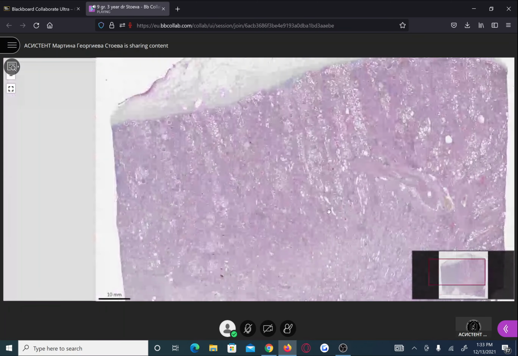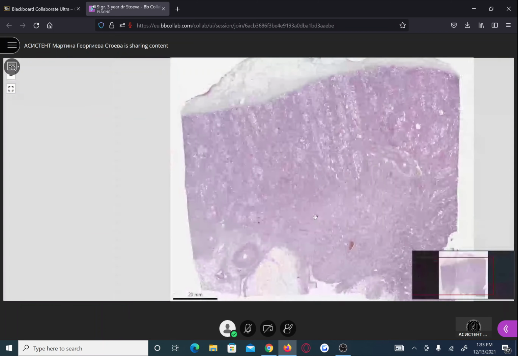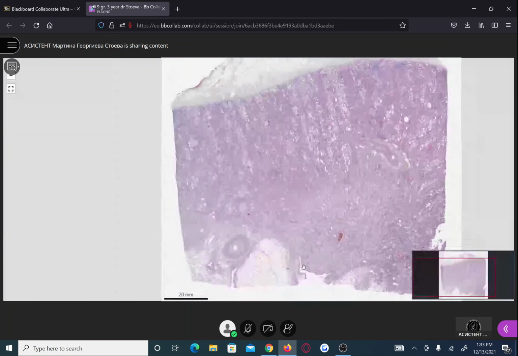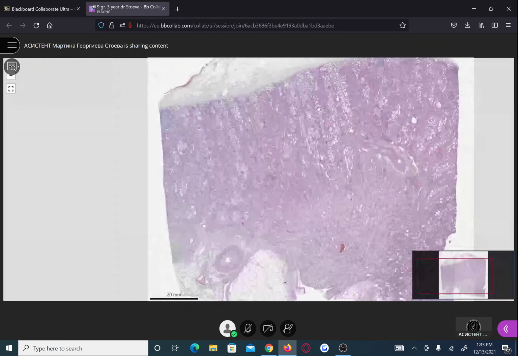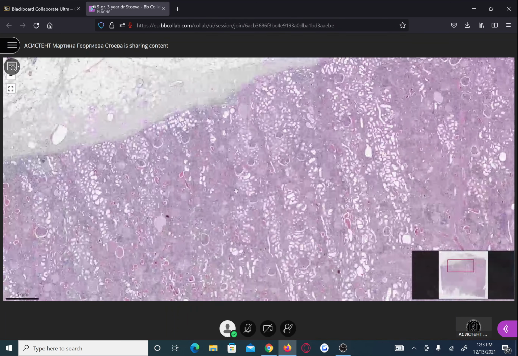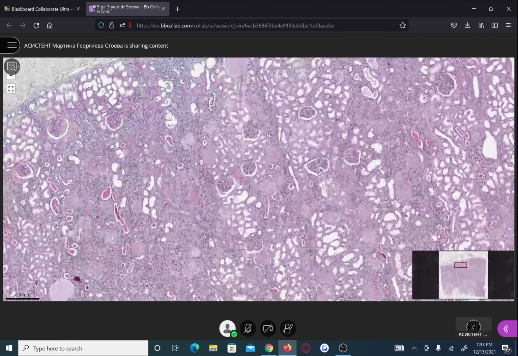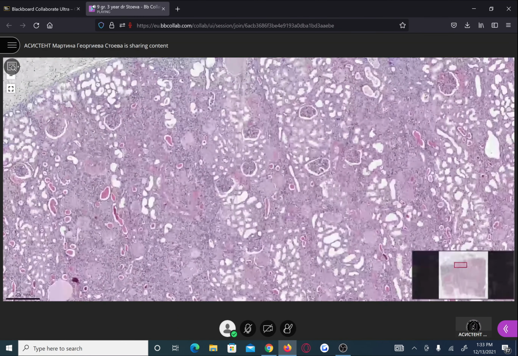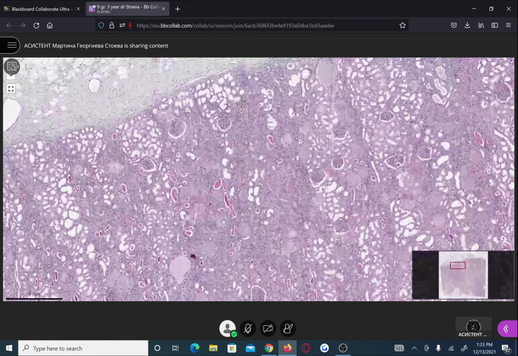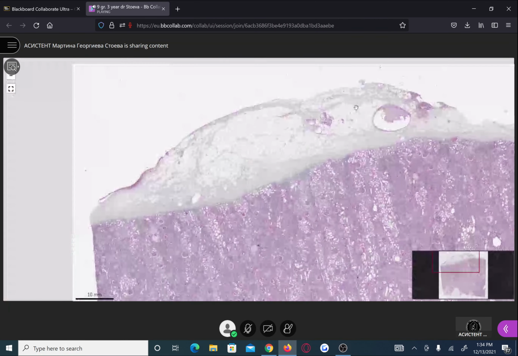So based on these normal findings of the calyx, glomeruli in the cortex together with tubules, these structures are quite enough to say that the specimen is from the kidney. The other fat tissue that is visible on the other side is from the fat capsule of the kidney.